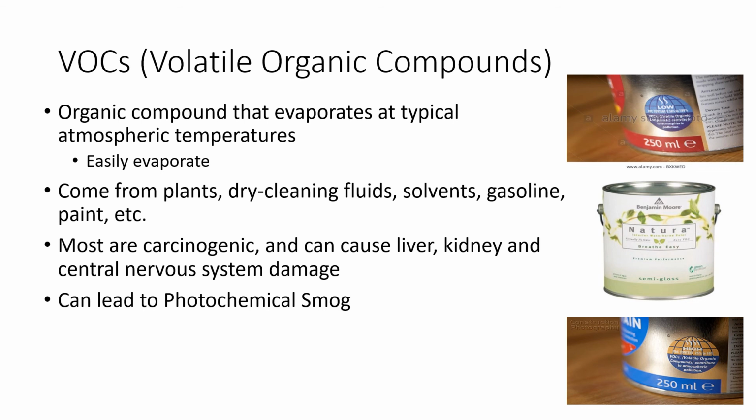If it has that really strong smell, most likely that's VOCs. They're not good for you. Most are carcinogenic and are just bad for you all over. And VOCs is actually another component of photochemical smog as well.